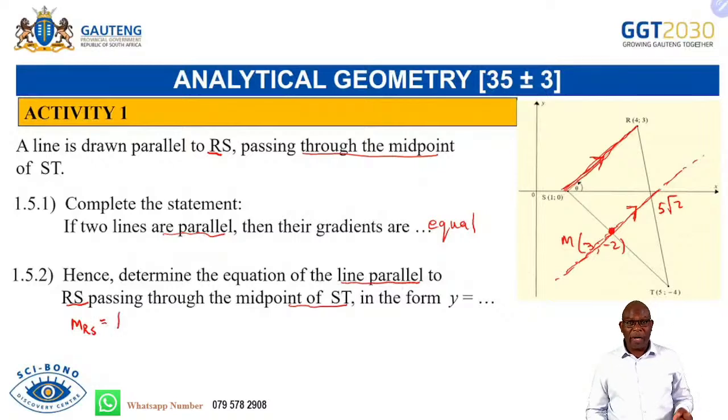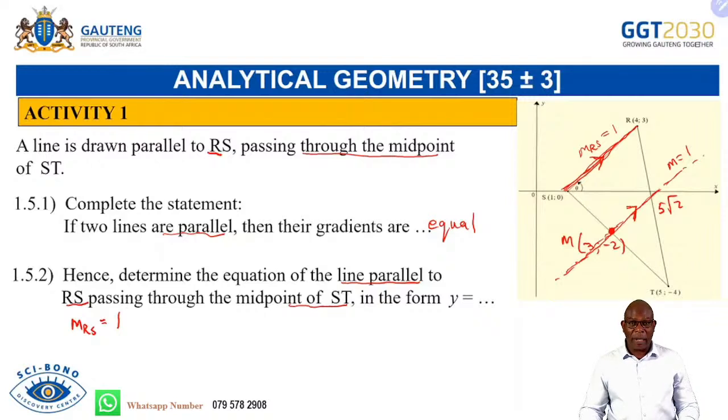Can you see why it is very important that you get the correct answers, because you're still going to use them in other questions. The gradient of RS is 1. So if the gradient of this line RS is 1, then the gradient of that line here will also be 1, because they are parallel and they must have the same gradient.